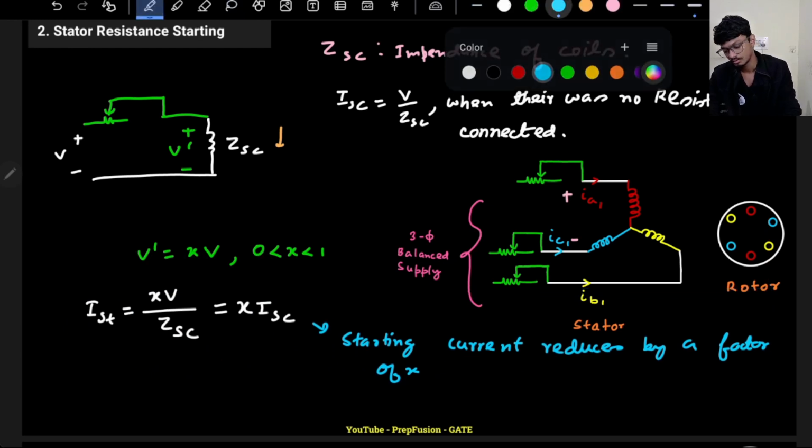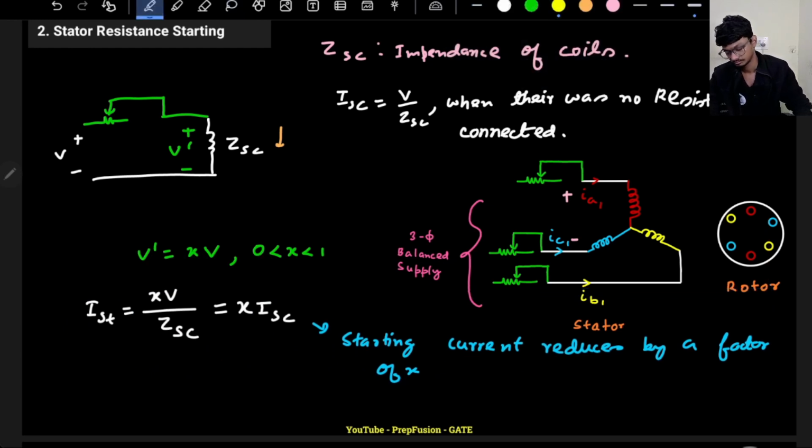Now what will happen to the starting torque? In case of direct online starting, TSC was 3 upon omega s into ISC whole square into R2 dash.